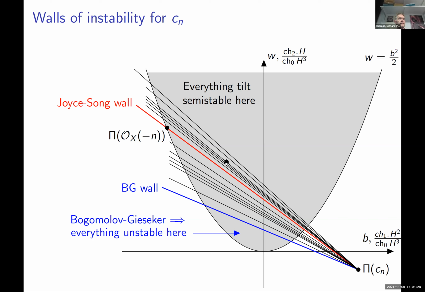Let me see. I guess the easiest way to say it would be, let's pretend, and this is not far from the truth, that our moduli space is embedded in some smooth ambient space in which it's the critical locus of a function on that smooth ambient space.